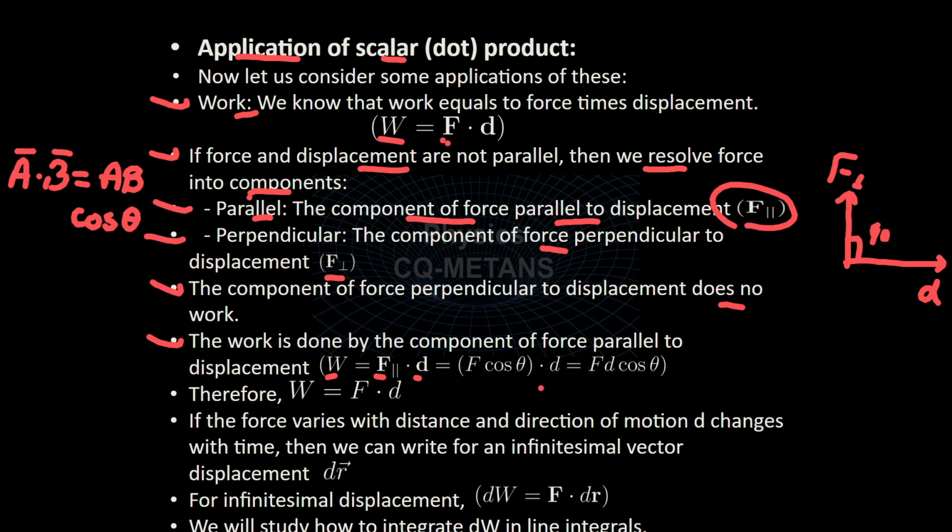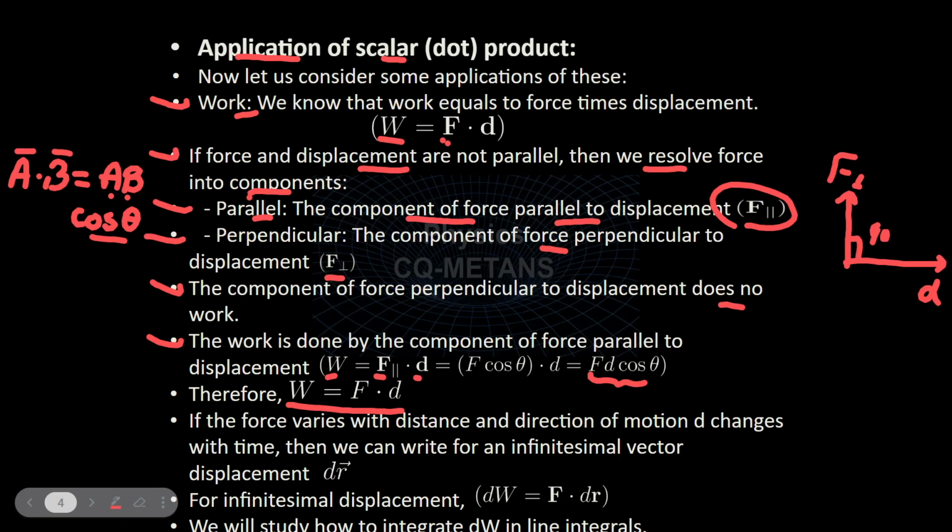So we get F cos theta times D. Now we can write it as F d cos theta, purposefully written because there is the magnitude of one vector, the magnitude of another vector, and the cosine of the angle between them, which gives us A dot B. So we can write it as F dot D. This is how we end up with the work done formula.